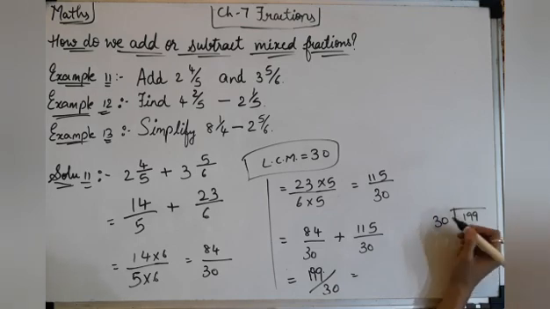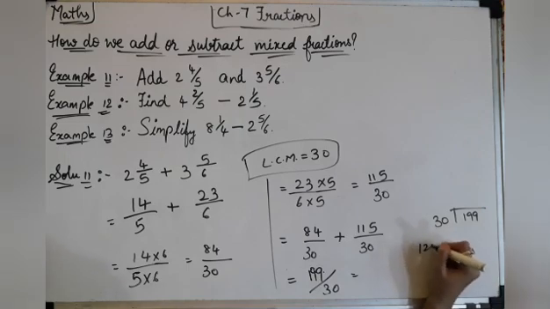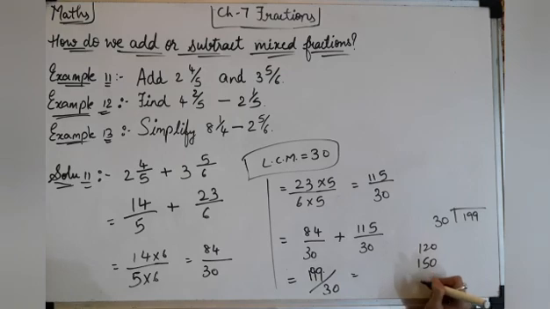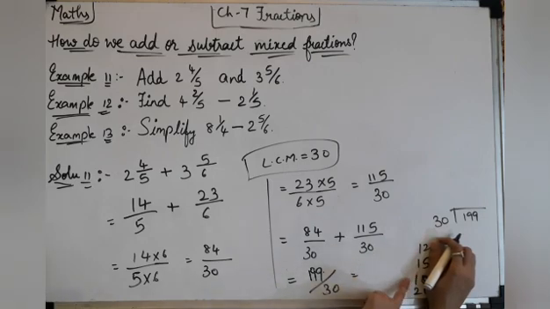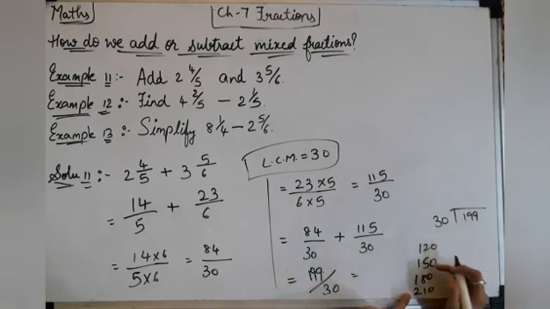Like that we will go ahead. 30 3s are 90, 30 4s are 120, 30 5s are 150, and 30 6s are 180, and 30 7s are 210. So 210 is the greater number. So you can see that I have written the table of 3 only. Only zeros I have added.